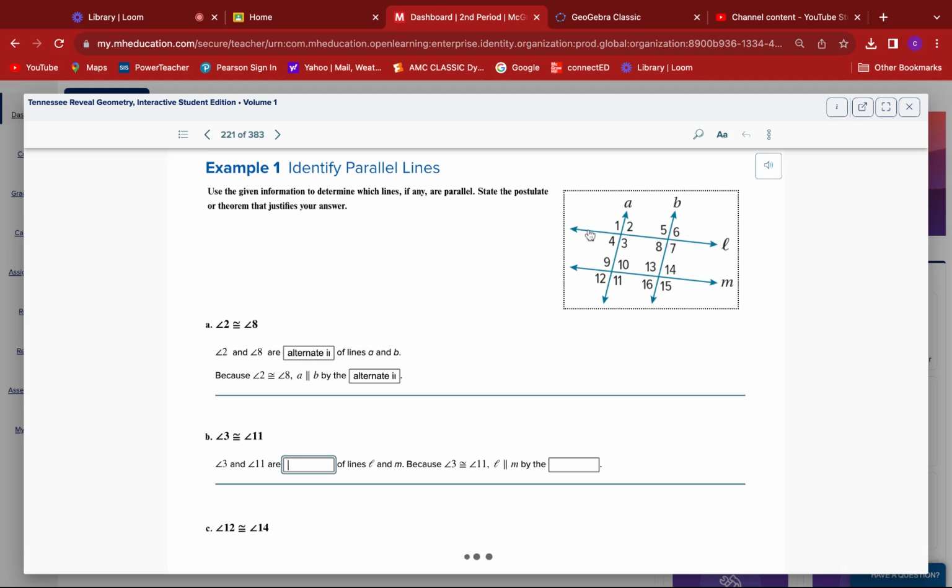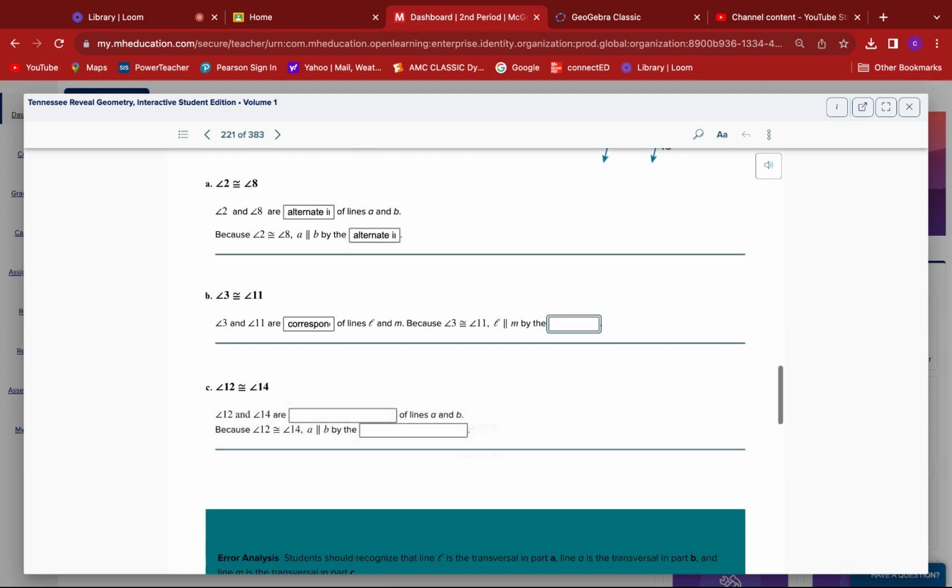The two lines that A crosses are line L and line M. Well, 3 is between L and M, but 11 is not between them. 3 is interior, 11 is exterior. That makes them corresponding. Of lines L and M, because 3 is congruent to 11, L and M are parallel by corresponding angles.